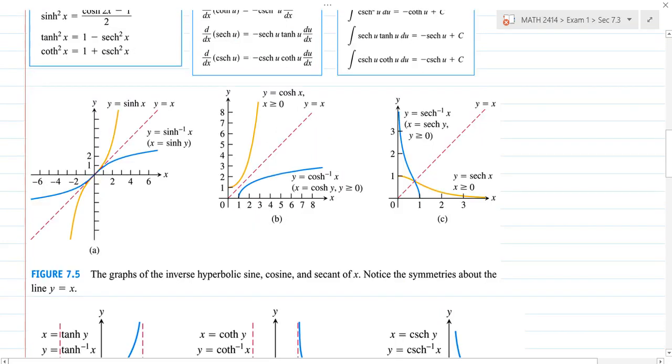When you graph a hyperbolic trig function with the inverse of the hyperbolic trig function, you're going to once again see symmetry about the line y equals x, because anytime we graph a function with its inverse, it will always have symmetry about the line y equals x. We learned that in college algebra, I believe, or pre-cal.